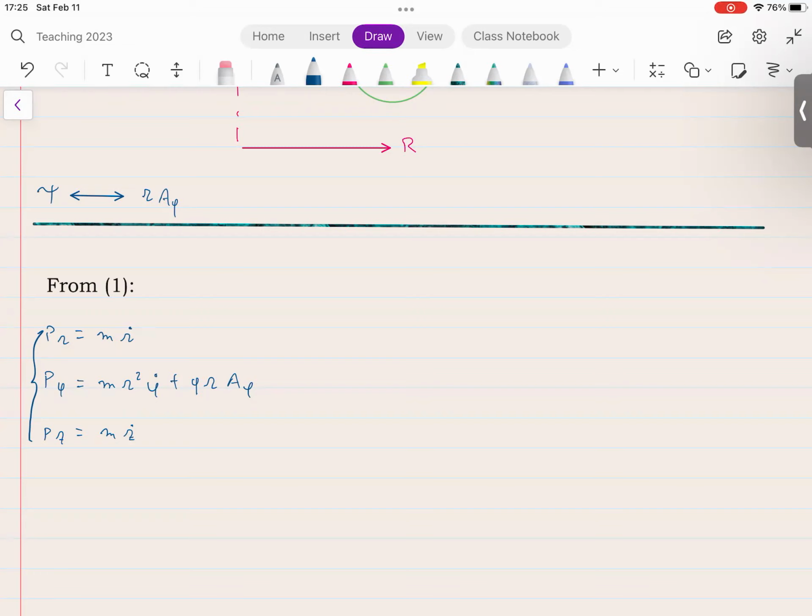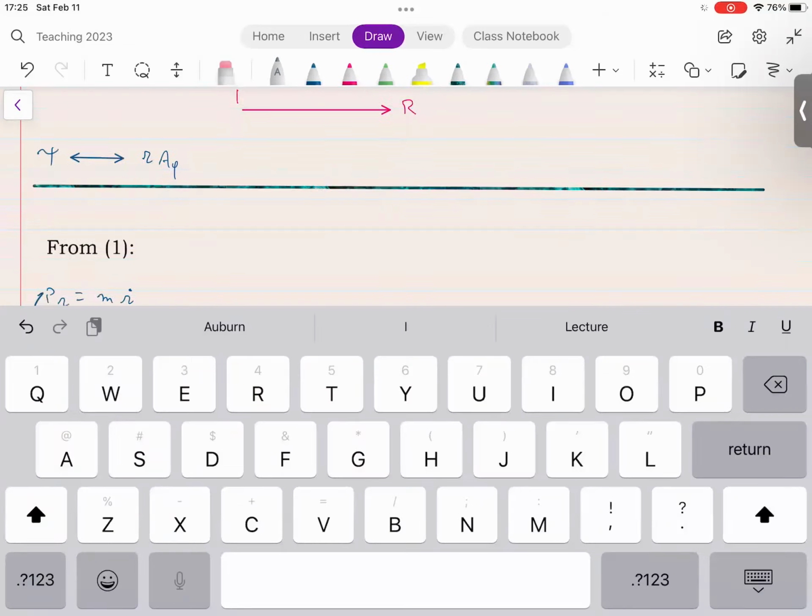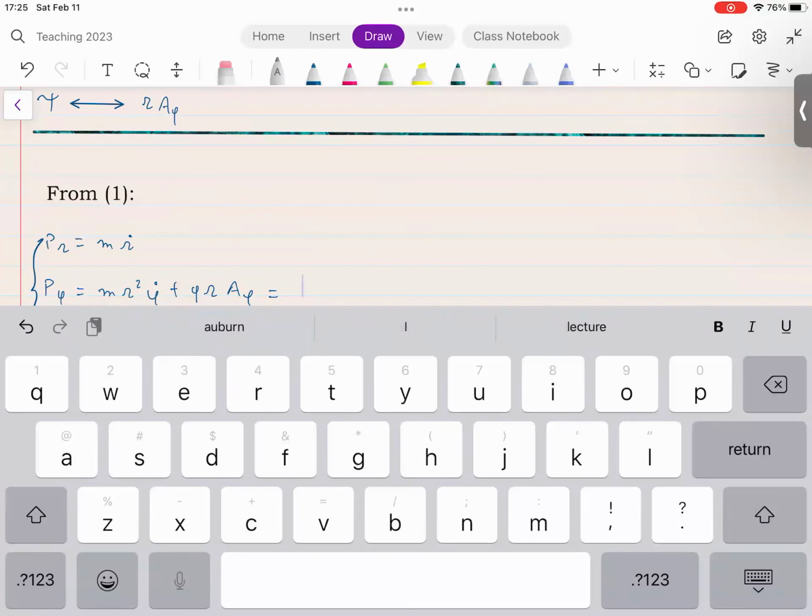Moreover, P phi is going to be a constant.